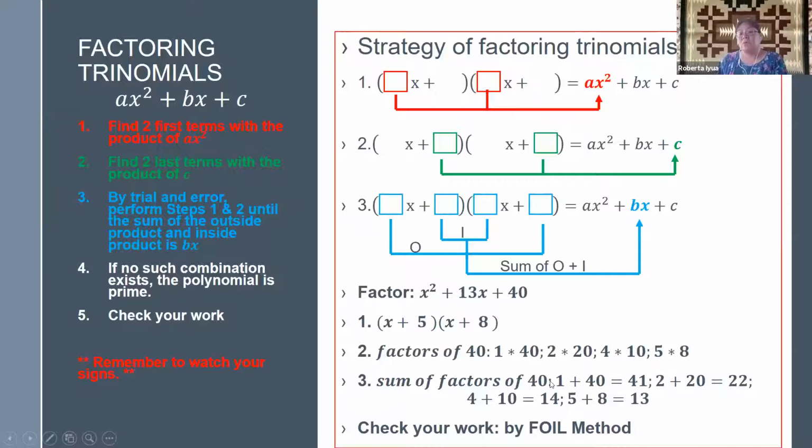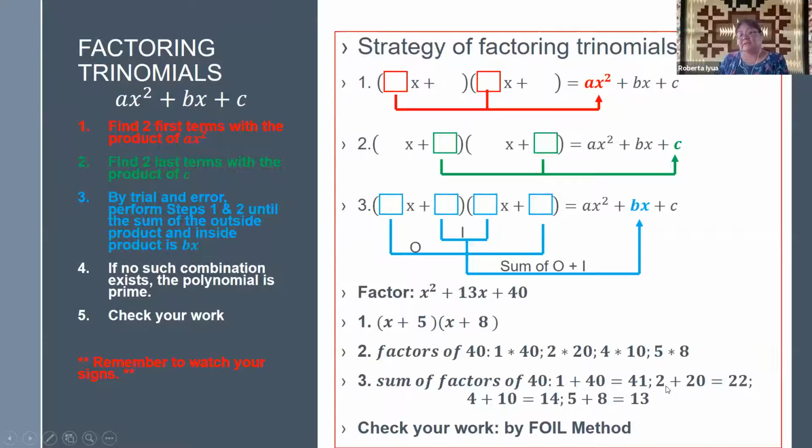So 1 plus 40 equals 41. That is to find the sum of the inside, the O plus I. So if I put a 1 here and a 40 here, then I add that, it would come up to 41. So my center, my bx is 13x.